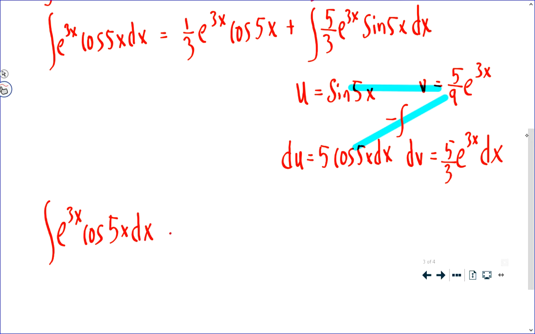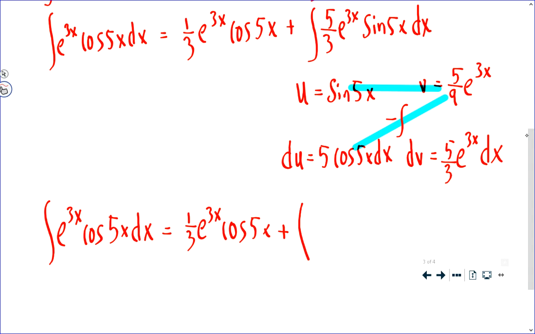is equal to 1/3 e to the 3x cosine 5x, then plus uv minus integral v du.